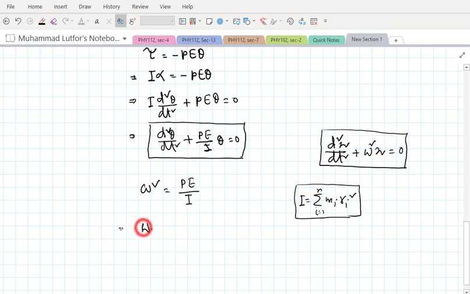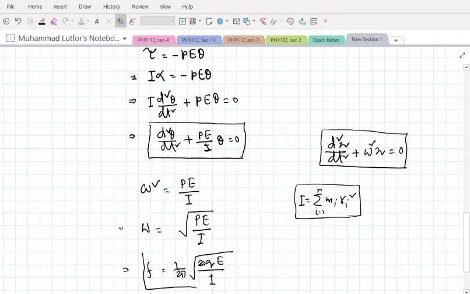If you do that calculation, you can find that the angular frequency would be the square root of P E by I, or you can write the frequency f as 1 over 2 pi times the square root of 2 q E divided by I. So this would be the frequency of that dipole moment in that electric field, which they asked to prove. Okay, thank you very much.